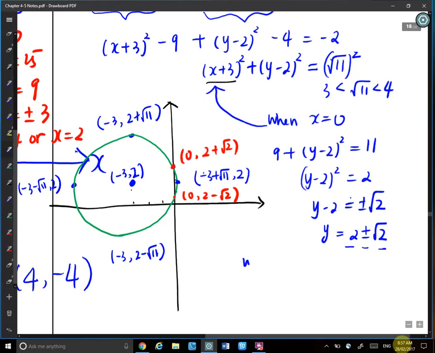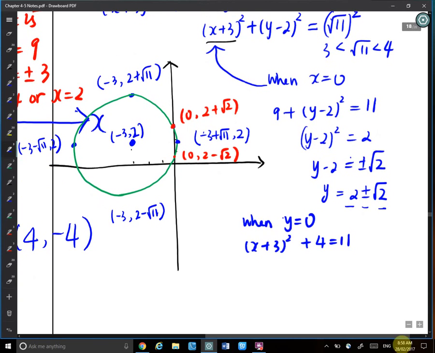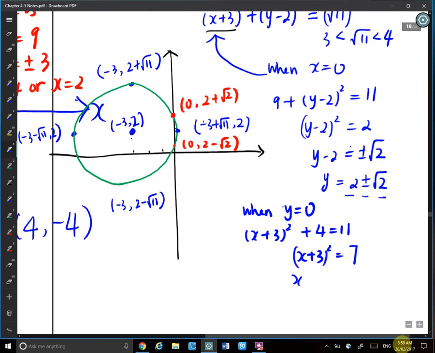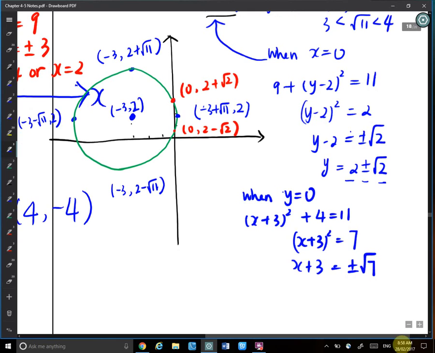And then when y equals 0, we have (x plus 3) squared plus 4 equals 11, so (x plus 3) squared equals 7. x plus 3 equals plus or minus root 7, and x equals minus 3 plus or minus root 7.